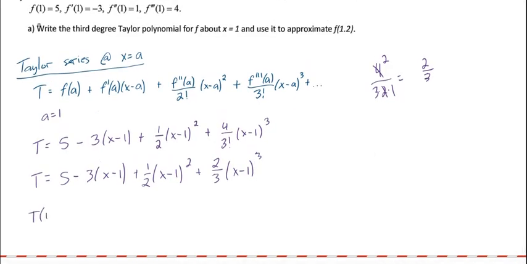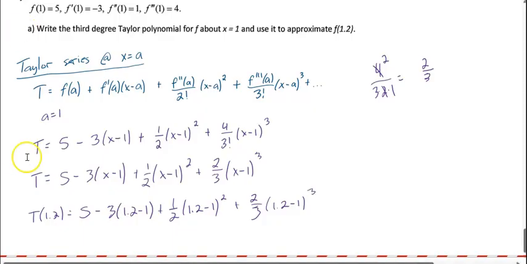So T of 1.2 is equal to 5 minus 3 times 1.2 minus 1. And you might see a pattern here. Plus 1/2 times 1.2 minus 1 squared plus 2/3 times 1.2 minus 1 cubed.